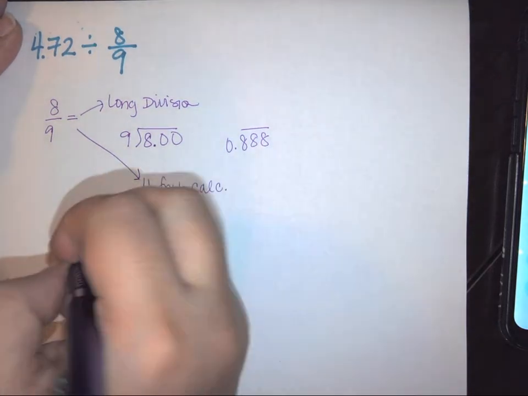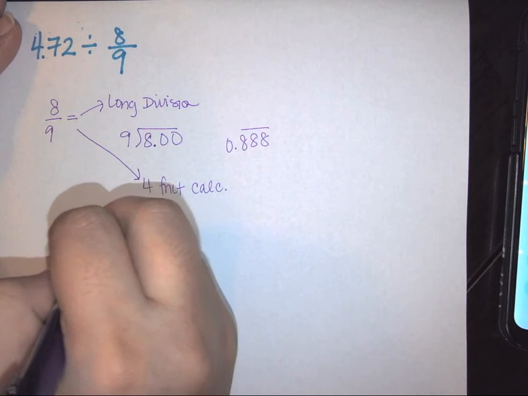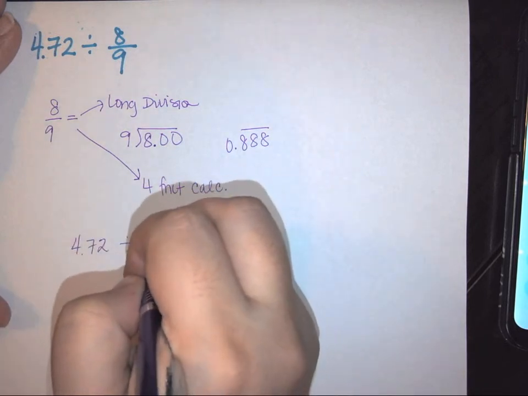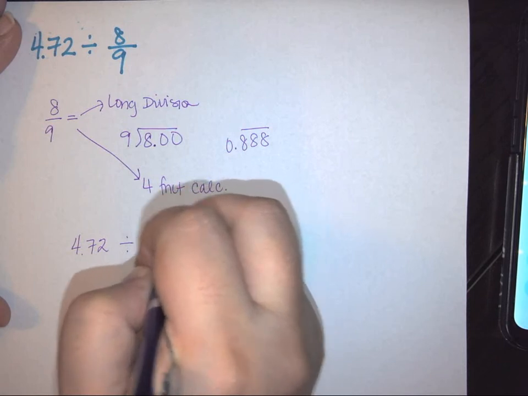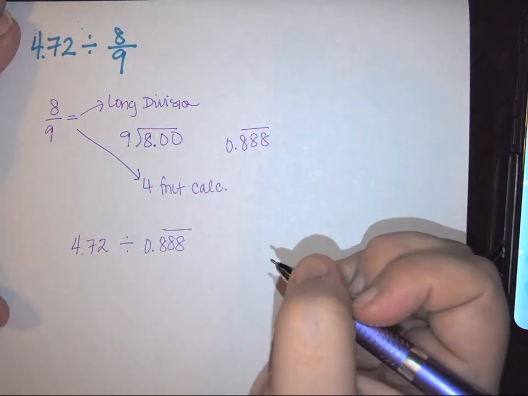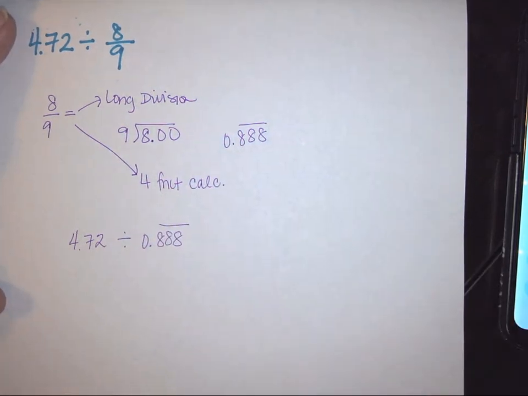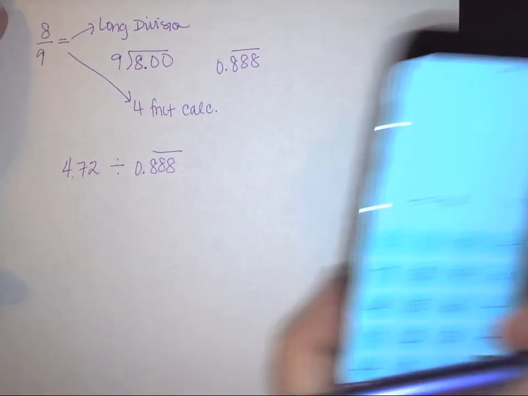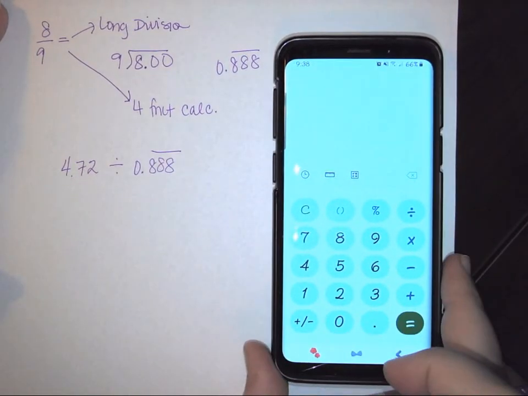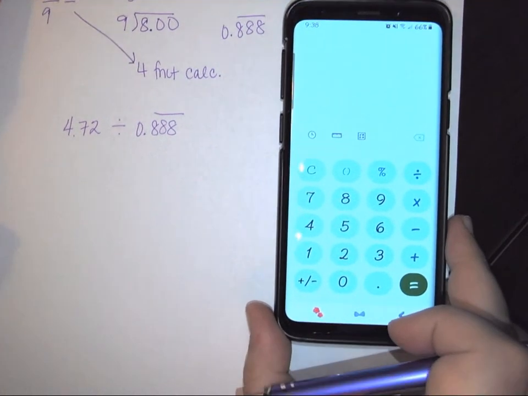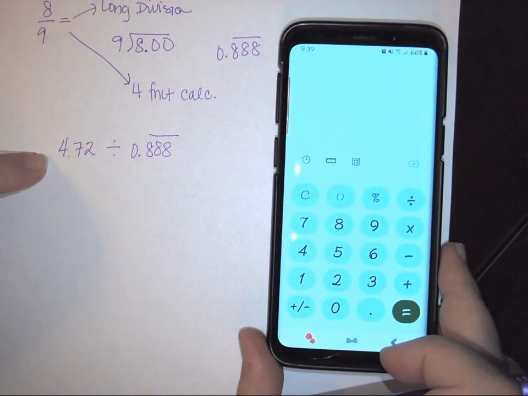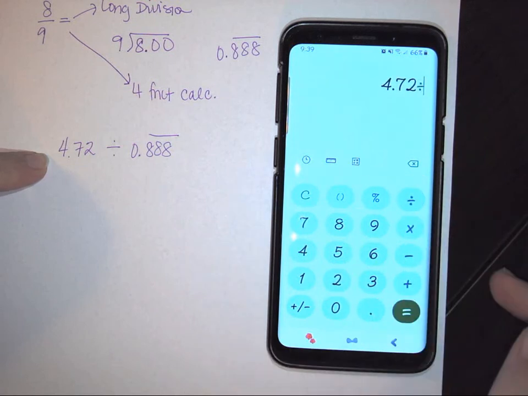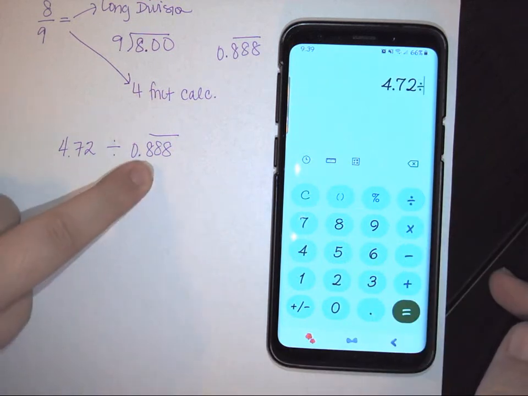So with that being said, we have 4.72, and we're going to divide this by 0.888 repeating. So how do we do that? Well, the easiest thing to do is to take advantage of your calculator. So we have 4.72, and we need to divide that by this decimal.